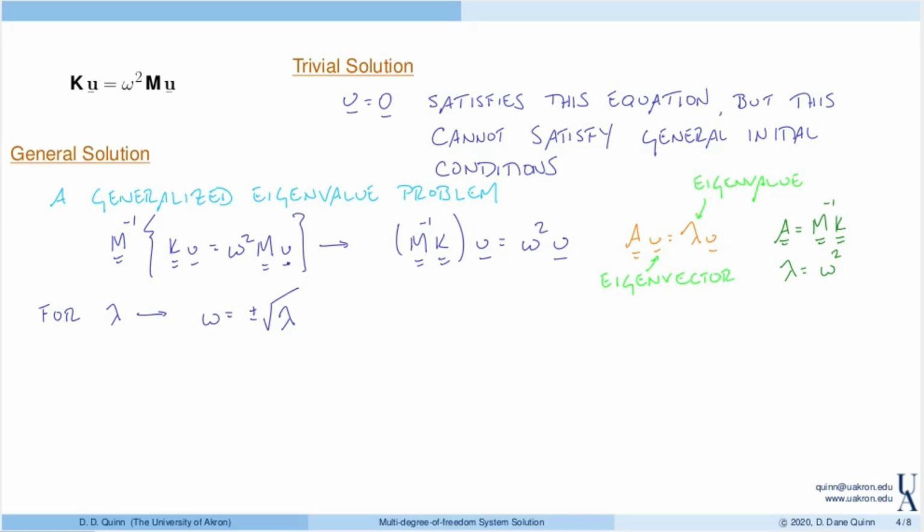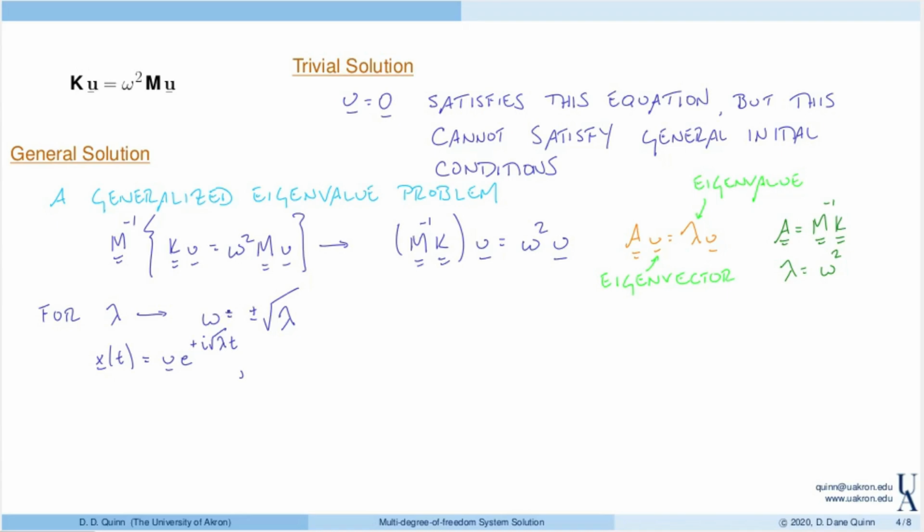One solution looks like x of t is u e to the plus i omega t, and I'll write that as e to the i square root of lambda times t.